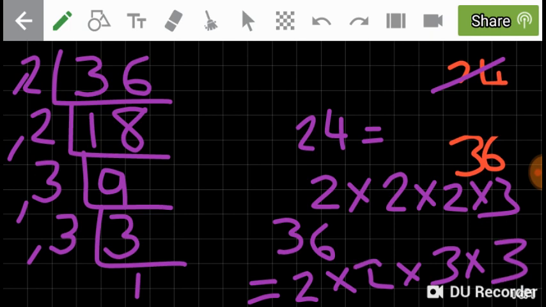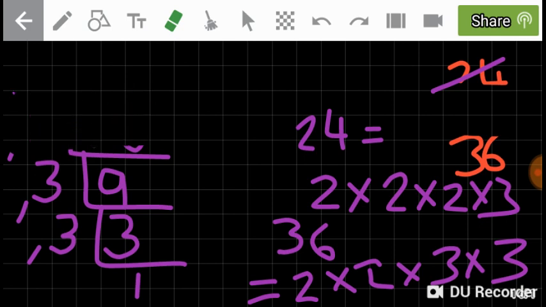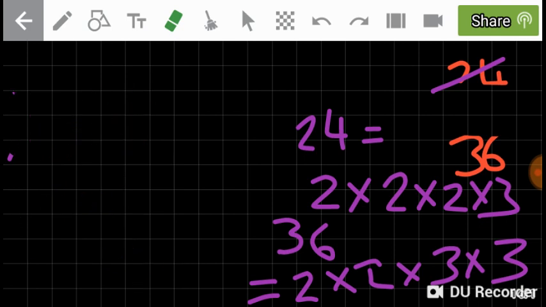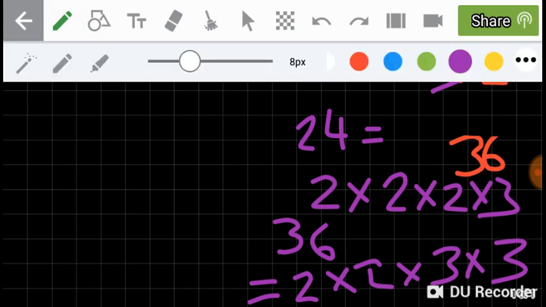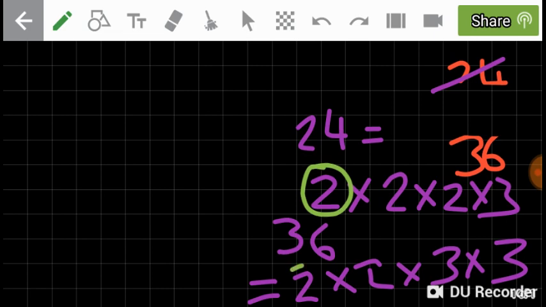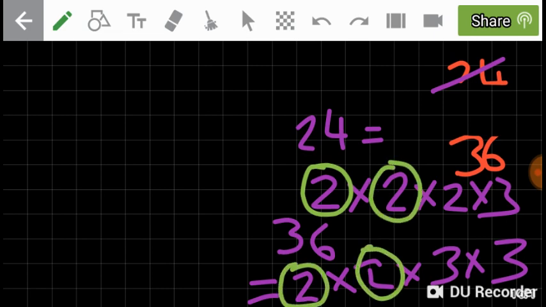Now the real part is to figure out the HCF of both numbers. The name itself tells you that HCF, C and F, means the common factors. We have to figure out the factors common to both. This 2 is common to both. The second 2 is also common to both.